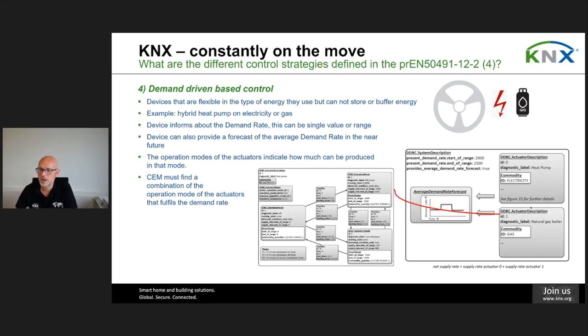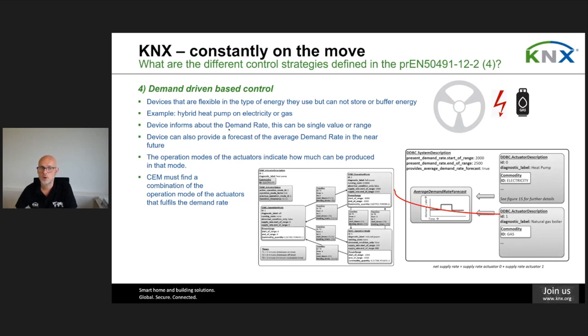So each actuator has a specific state machine again, which contains a number of modes and again a number of transitions. And these transitions are again influenced by blocking timers or starting timers.